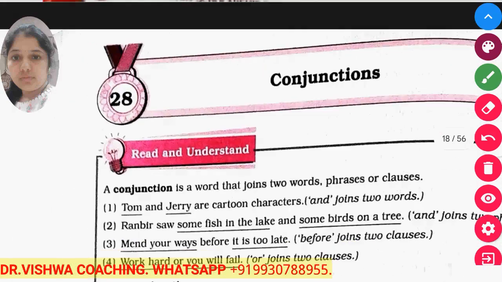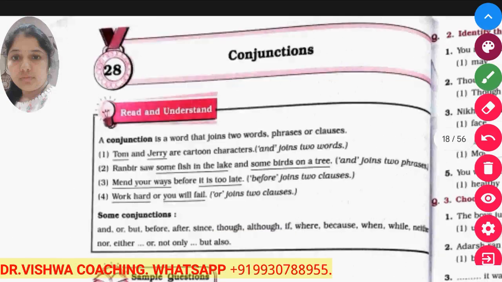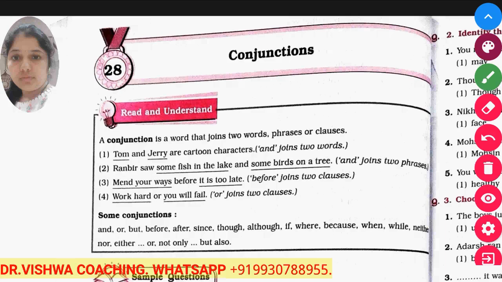Now the next topic is conjunction. Now see, we have seen till now verbs, action verbs, auxiliary verbs. Action verbs are the verbs which denote the action, like swim, dance, sing, sang, and so on. Auxiliary verbs are the helping words.